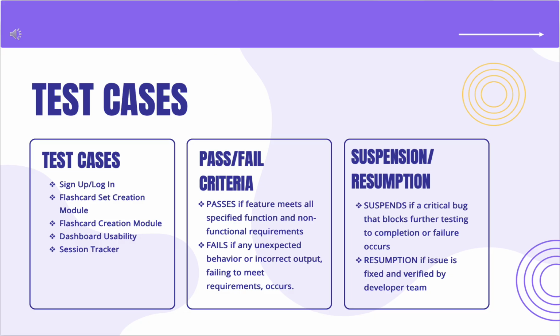Otherwise, if any incorrect output or behavior occurs, then it fails. We also have suspension and resumption criteria: if a critical bug occurs that blocks testing to completion, then the case is suspended. It resumes once the issue is fixed by the development team.